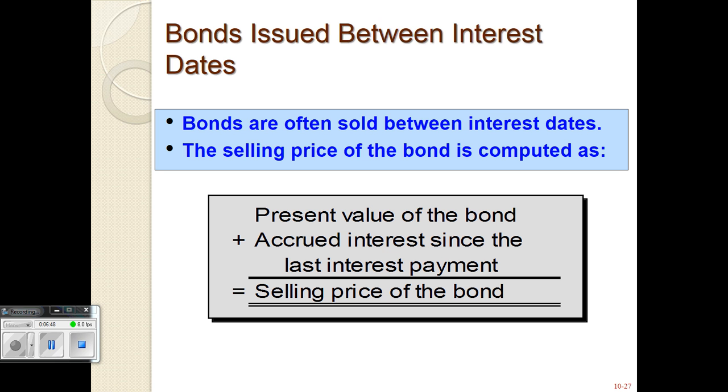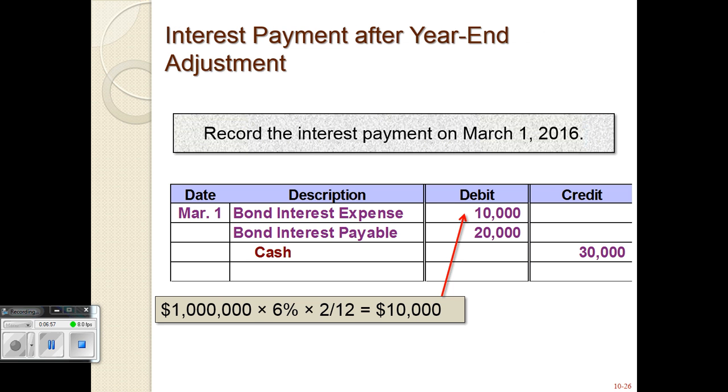The reason why this occurs is, suppose, let's go back to that prior bond, and the bond was issued on March 1st and it pays interest on March 1st and September 1st.